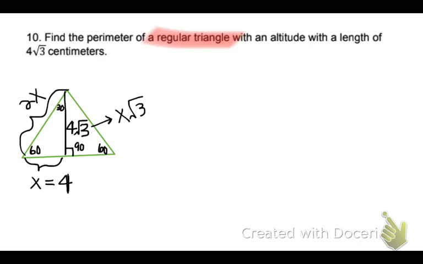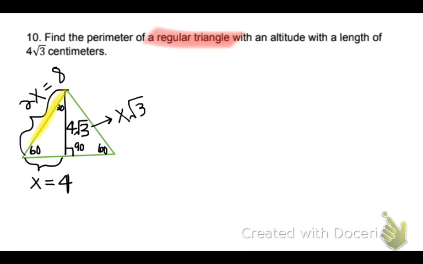And then 2x up here would be 2 times 4. So we would get 8. So we're trying to find the perimeter of the original regular triangle. So that's that green triangle. Well, each of the sides of the triangle, so this right here was one of the sides. I'll go ahead and highlight them so we can see what we're trying to find the perimeter of.